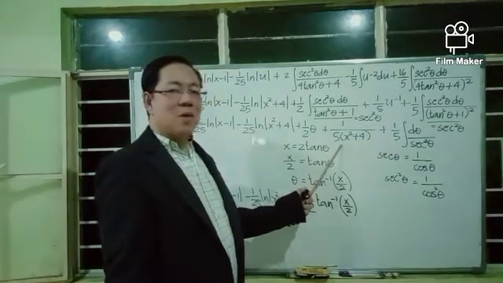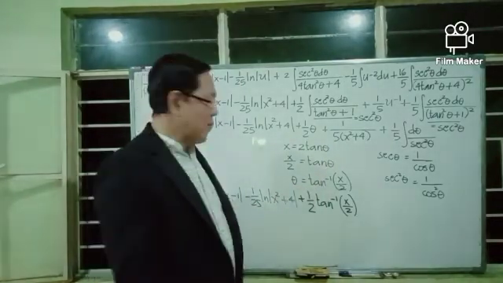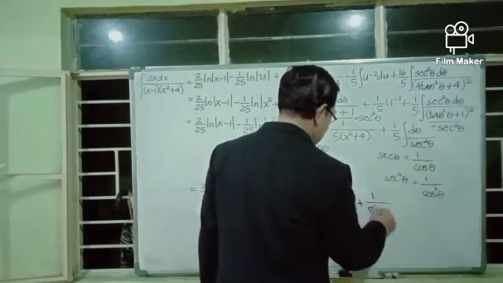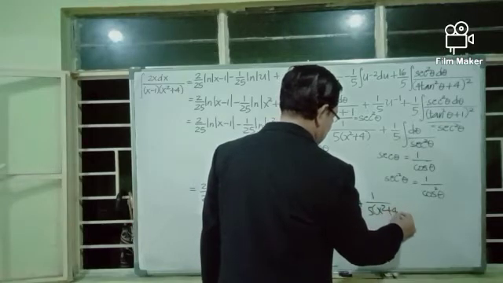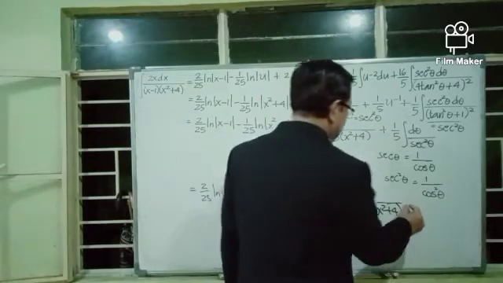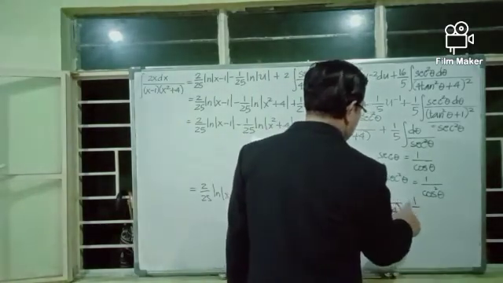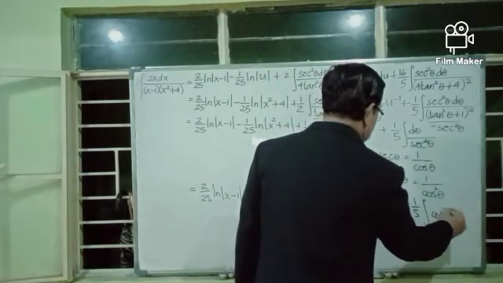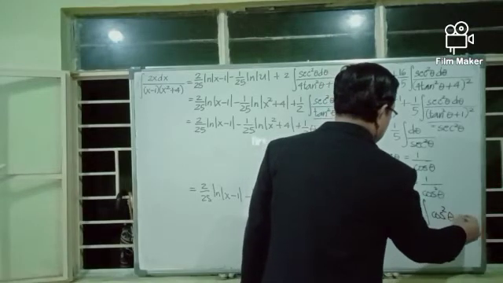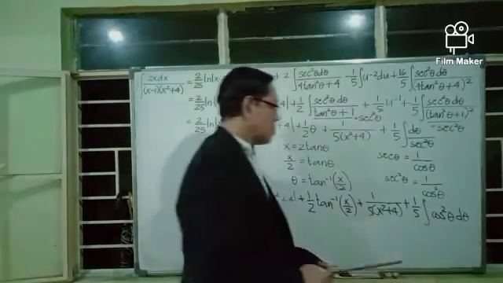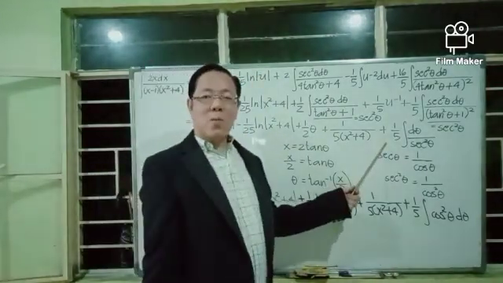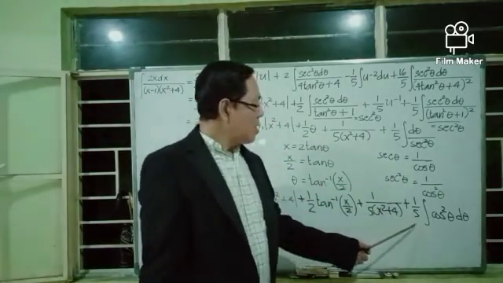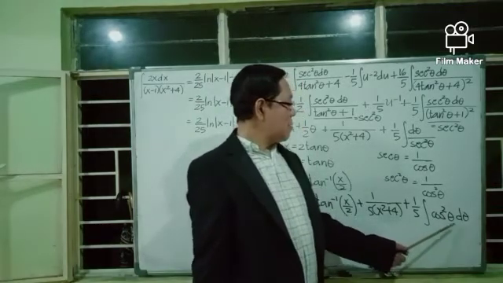This term is the same, 1 over 5 times x squared plus 4. And the last term, 1 over 5 times the integral of d theta over secant squared theta, simplifies to 1 over 5 times the integral of cosine squared theta d theta.